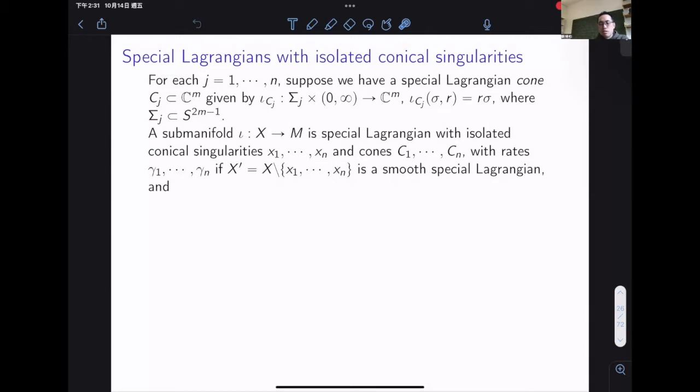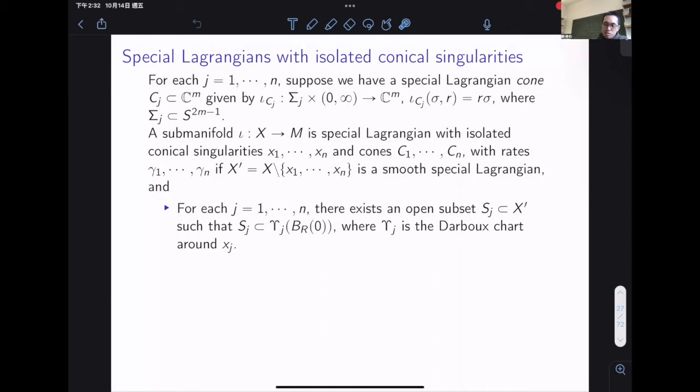Then we say a special Lagrangian X in M is a special Lagrangian with isolated conical singularities x1 to xn and cones C1 to Cn with rates gamma 1 to gamma n if X prime, which is X minus these singular points x1 to xn, is a smooth special Lagrangian, and for each j, you can find an open subset Sj in X prime such that this Sj lies in the image of a Darboux coordinate chart, where epsilon j is a Darboux chart around xj.